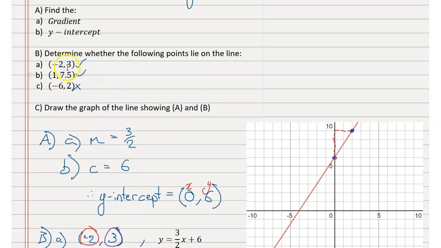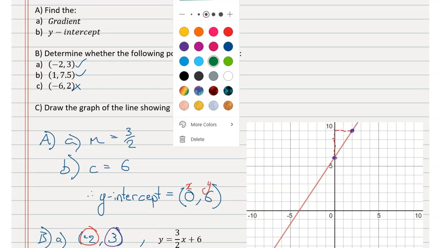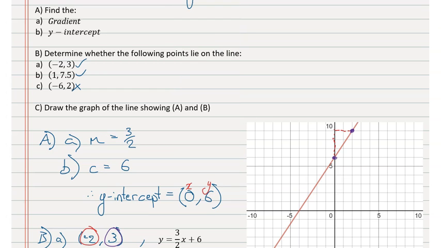Now, the second point is we have to mark these points on the graph, and we'll see visually whether they actually lie on this line. So negative 2 and 3. I'll mark that in a nice, let's go green pen. We'll make it nice and thick. So negative 2 and 3, going to negative 2 on the x-axis is here, and then up to 3.